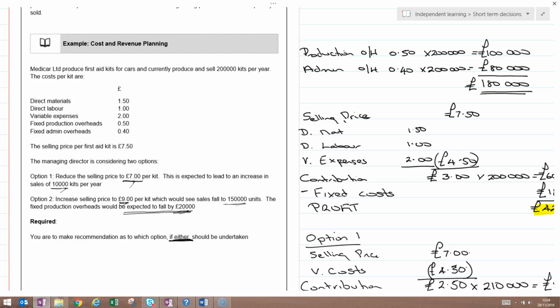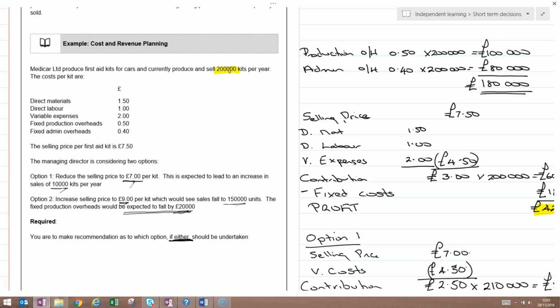Now that unit cost only applies when we sell 20,000 units. So multiply out your unit costs by your quantity and you have your fixed overheads. And then use those fixed overheads in every decision, because they won't change unless you are specifically told in the question that they'll change.